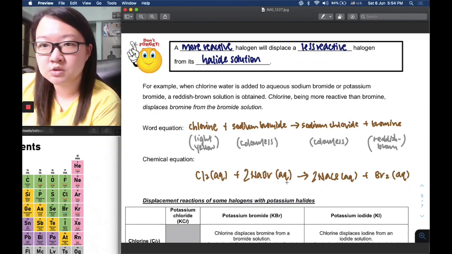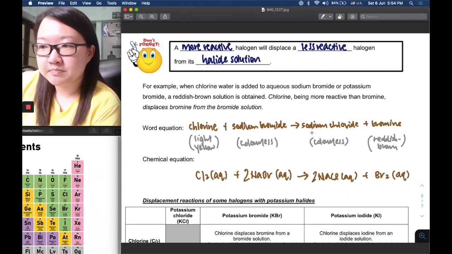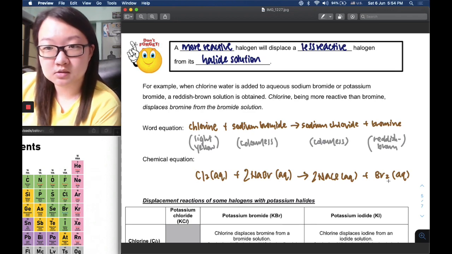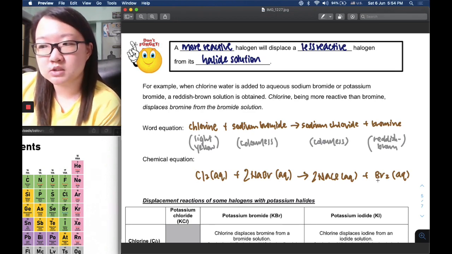The state symbols. Then sodium chloride, same thing, also (aq), NaCl. And then bromine, because it is dissolved in water, again in solution form, so it's Br2 (aq).